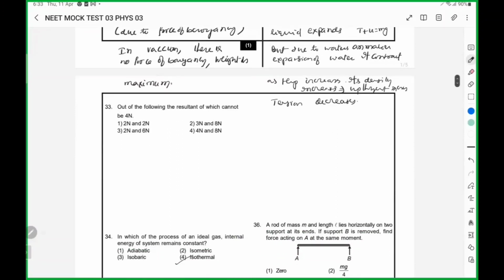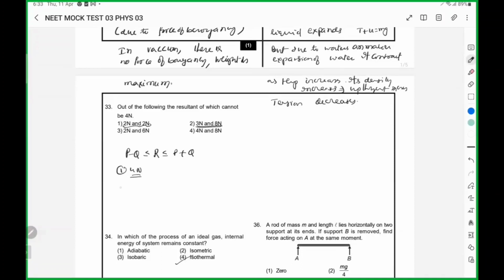In question 33, which of the following cannot be the resultant of two forces, 4 newtons? Any resultant of two forces lies between P minus Q and P plus Q. So in the first case, 4 newtons is possible.